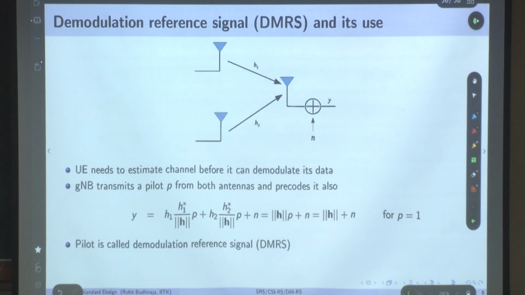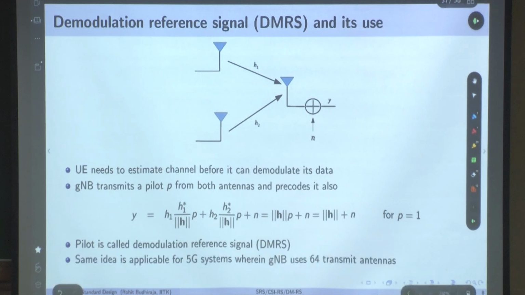And this pilot signal is called the demodulation reference signal. The same idea is applicable for a 5G system when the gNB uses 64 transmit antennas. I just gave you an example of 3 transmit antennas in the last case. But if there are 64 antennas, the UE is going to receive this same received signal, correct. And this is the channel which is observed by the user when the PDSCH is transmitted.